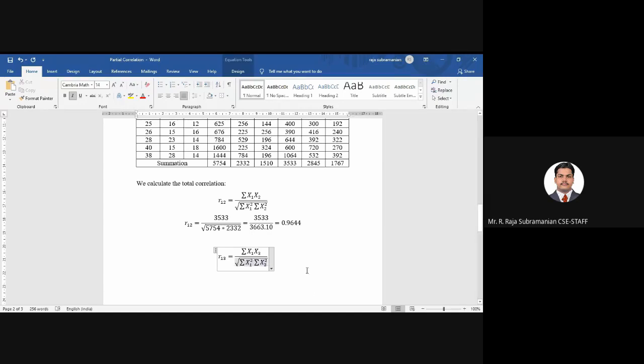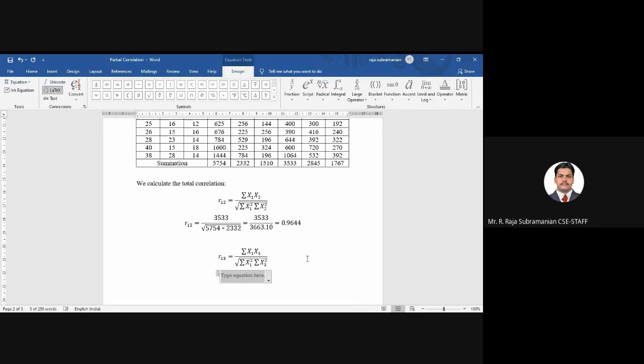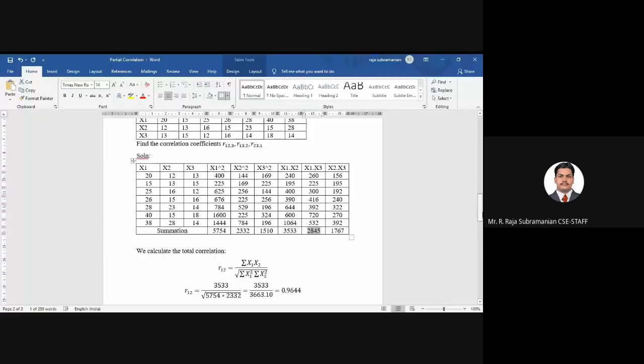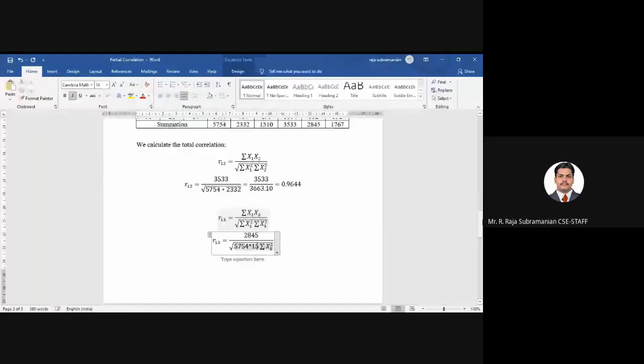Yes. Now we will go for solving. R13 will be equal to, we need to substitute. What is summation x1 x3 from the table? 2845. So I'll take that. And summation x3 squared is 1510.